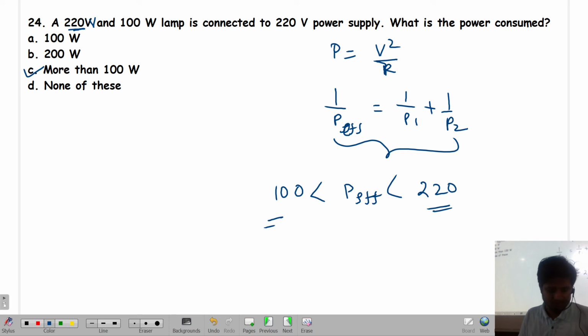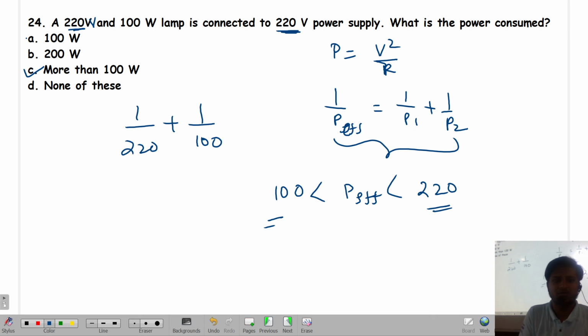Let me just check. 24 is option A, 100 watt. Okay, so you calculate it. Can you calculate it or not? Voltage is similar. Okay. So 1 by 220 plus 1 by 100. If you solve it, you will get the answer.